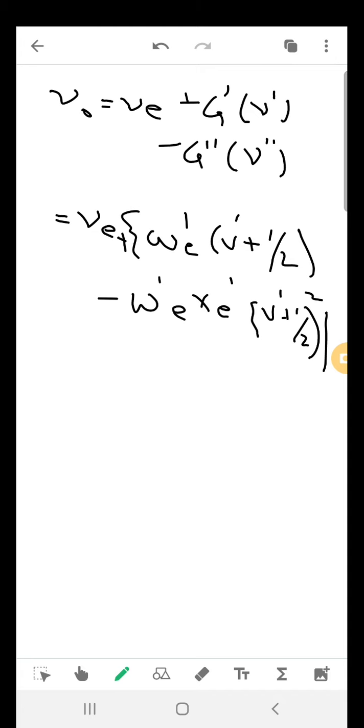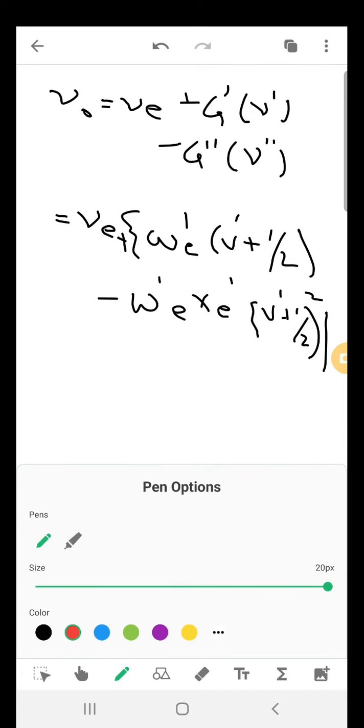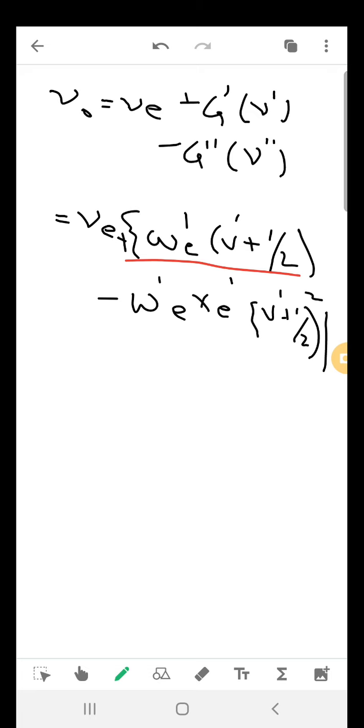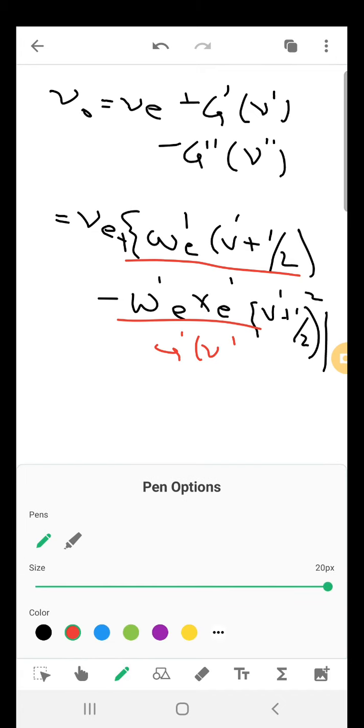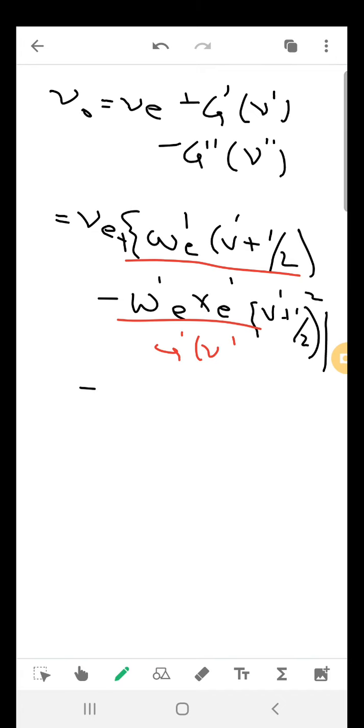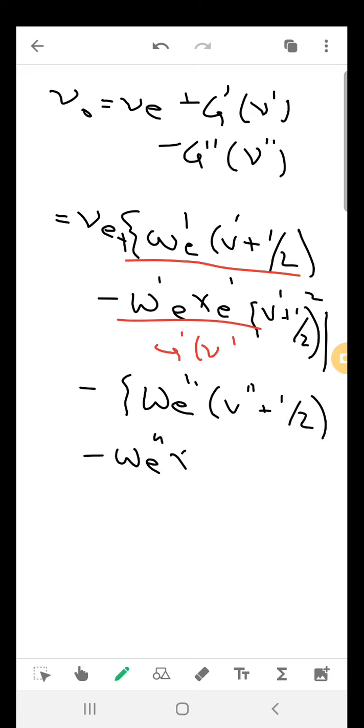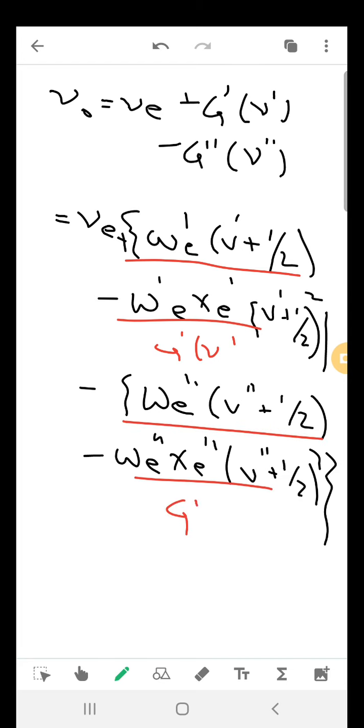So this whole corresponds to G'(v'), and there will be minus ωe''(v'' + 1/2) plus ωe''xe''(v'' + 1/2) whole square. So this latter part corresponds to G''(v'').